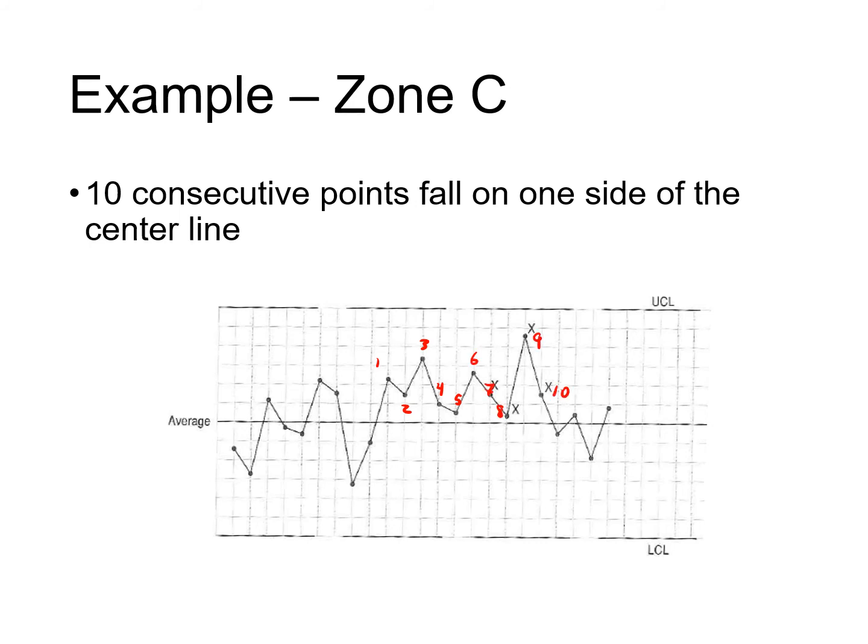So if 10 are on the other side, even though it's technically in control, and by that I mean it's not outside these points, not outside the alarm limits, the UCL and the LCL, there's still 10 on one side. Ten consecutive points, which means it's definitely out of control. You're going to want to figure out what's going on.